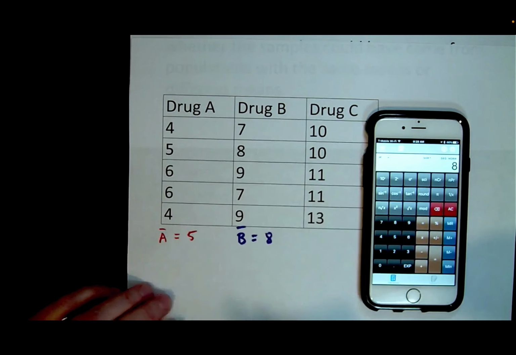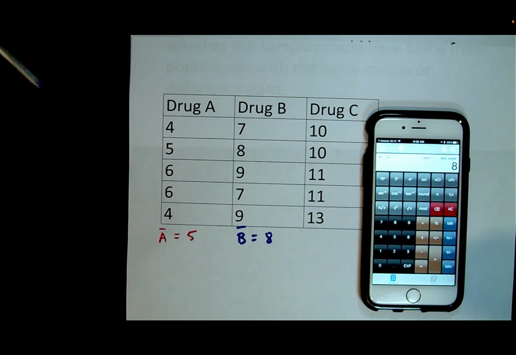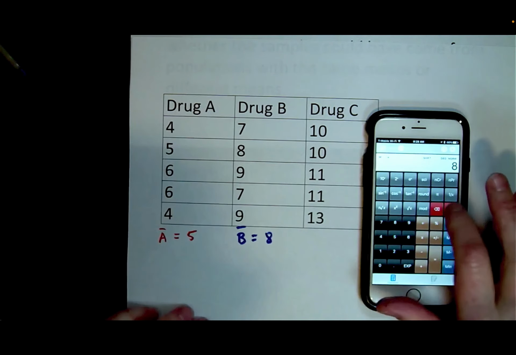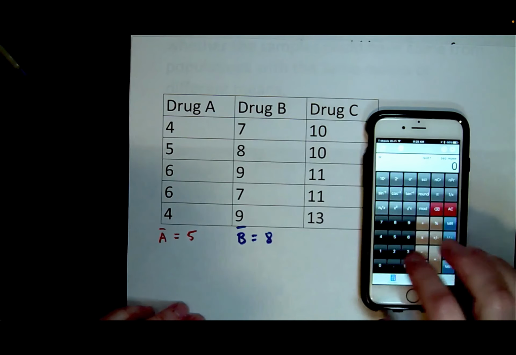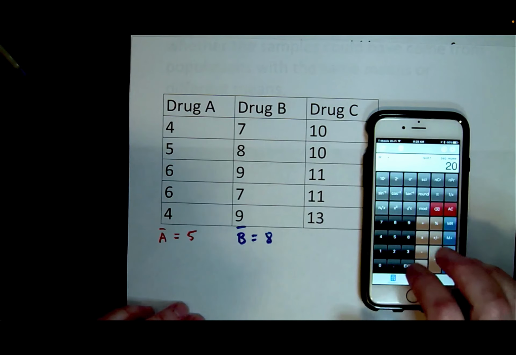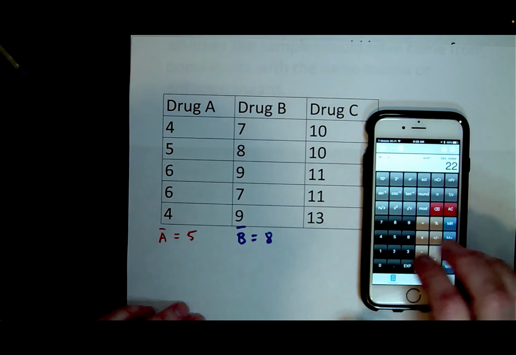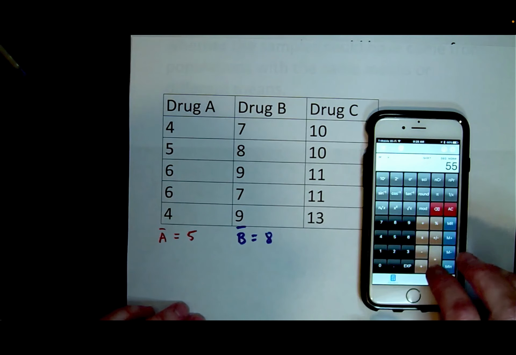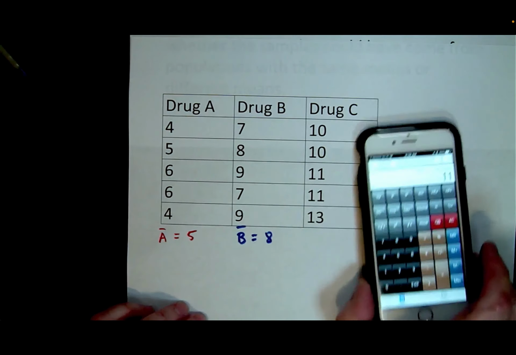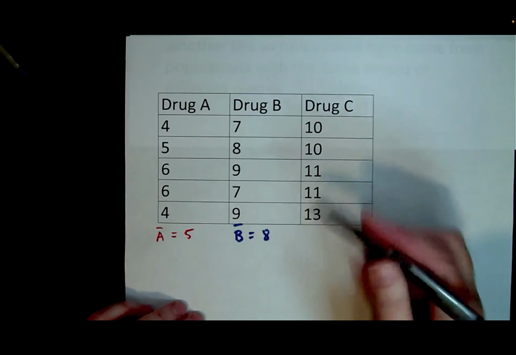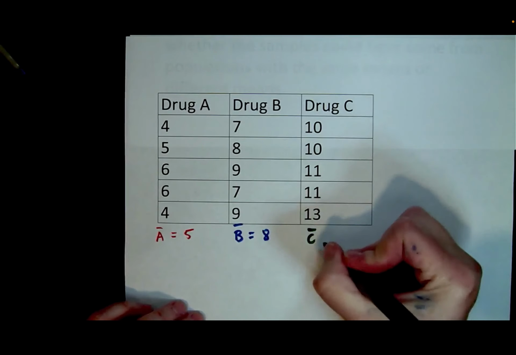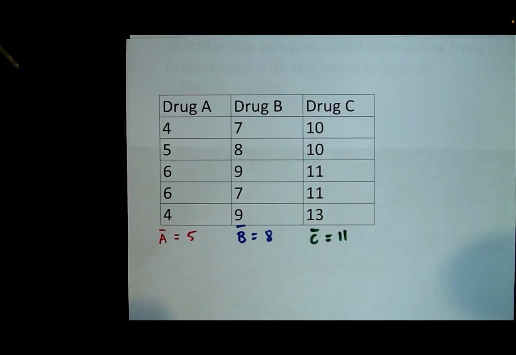That came out to be 8, and as you see, I'm using blue for drug B. And then for drug C, I have 10 plus 10 is 20, 11 plus 11 is 22, and then plus 13. We get 55, divide by 5, and the mean there is 11. So C bar, and I'm using green for C, is 11.